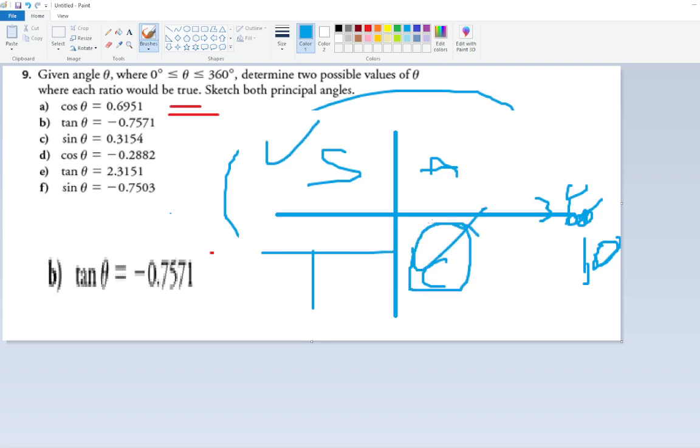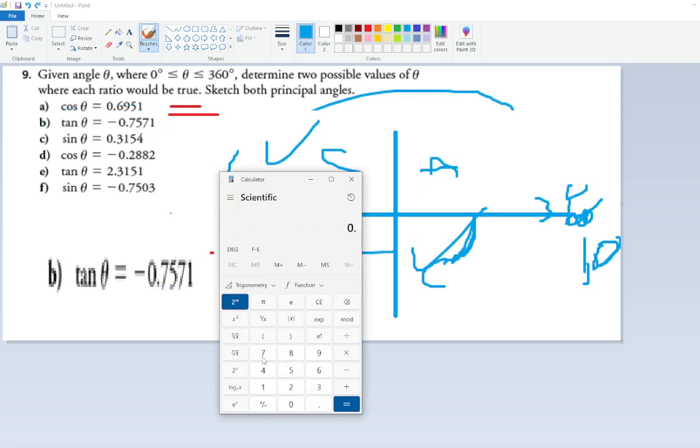Our calculator is going to spit out the nearest one to the x-axis, so it's going to give us a negative angle here. So I have to take the arctan of negative 0.7571. So this is our angle. Oh, I'm going to do that again because I forgot to make it negative.